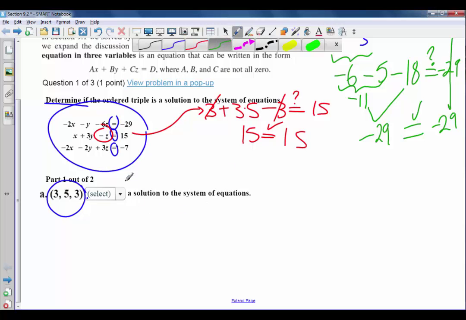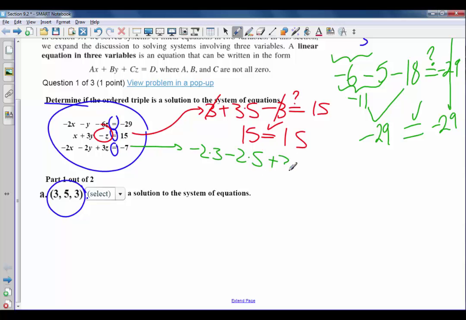Let's go with the third one. Negative 2 times 3 minus 2 times 5. This is now straightforward, right? And minus 6, minus 10, and 9. Wait a second, what's going on here? Did I get everything right? 3 into x, 5 into y, 3 into z.